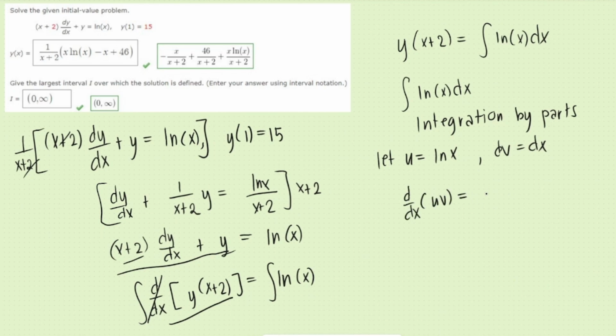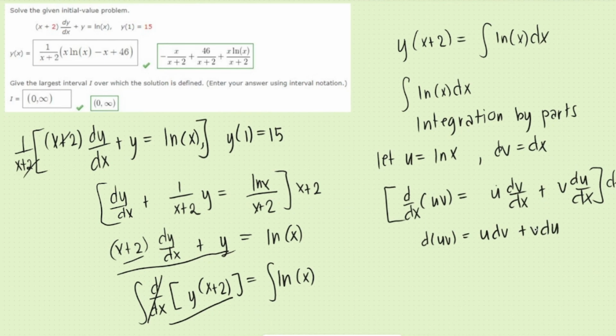It's equal to u dv over dx plus v du over dx. So you can multiply by dx here and take note that d(uv) is equal to u dv plus v du.